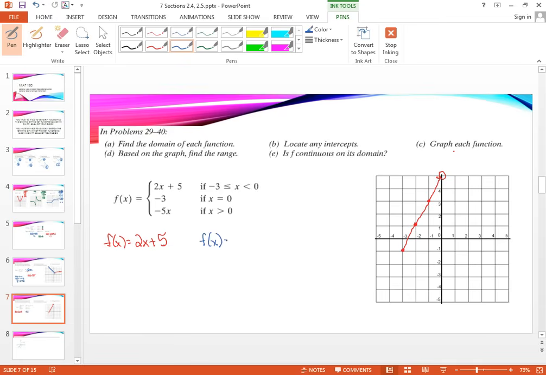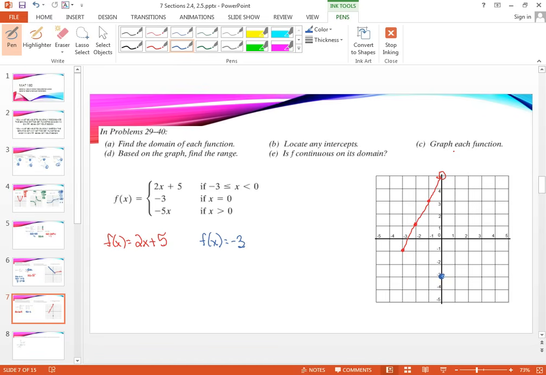f of x equals -3 if x is 0. So if I were going to sketch in f of x equals -3, well, that's this horizontal line. But I'm only supposed to draw it when x is 0. So do you see that that gives us really just that one baby point right there?